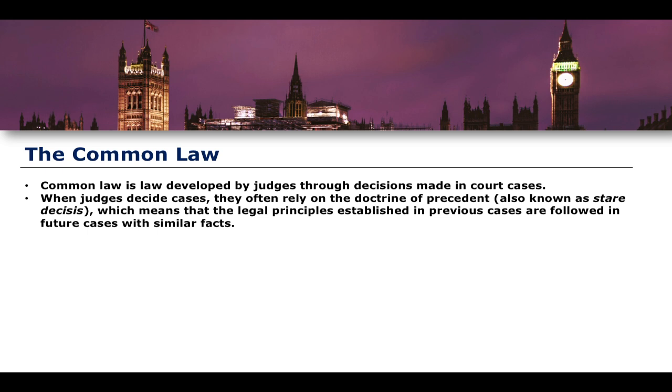What this means is that legal principles are established by previous cases and are then followed in future cases with similar facts. So, where there is a case that has been brought to a court, there will be facts of that case, as you would imagine.